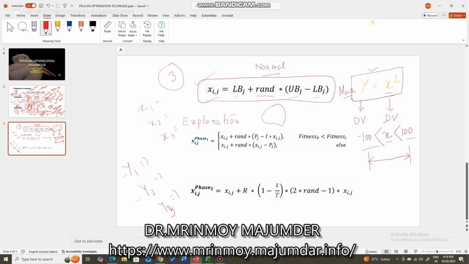Now before this exploration phase begins, we have to identify which one among these three birds is your target, or the bird which has already identified the prey and is going towards it.